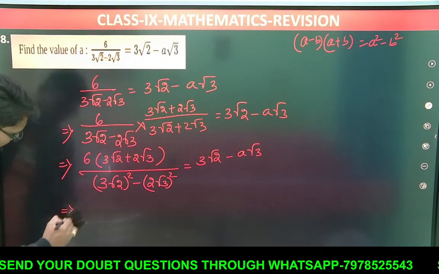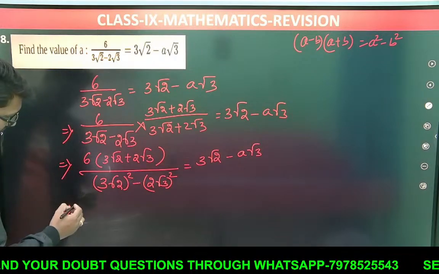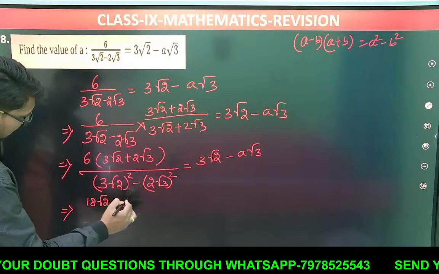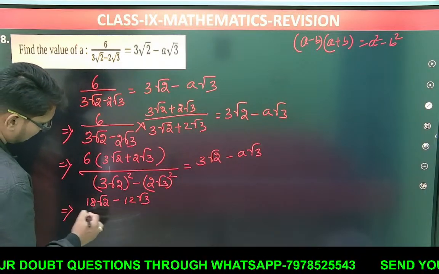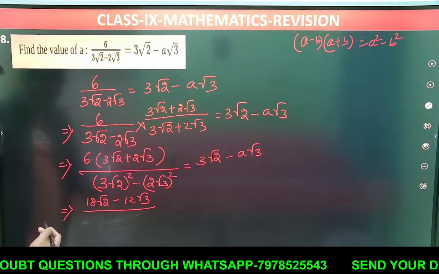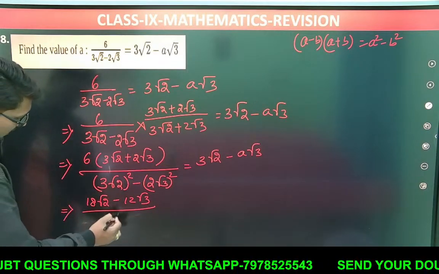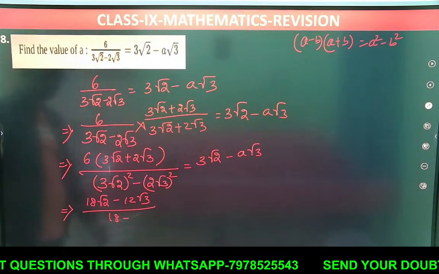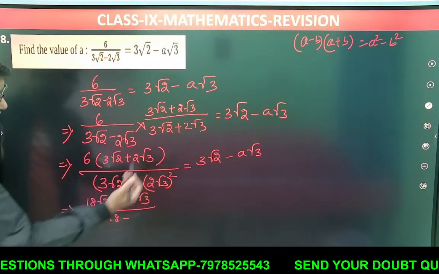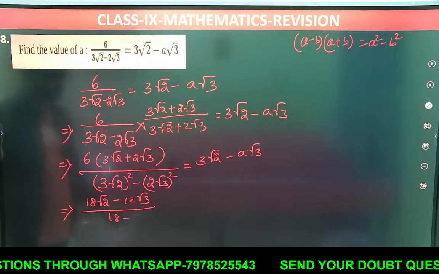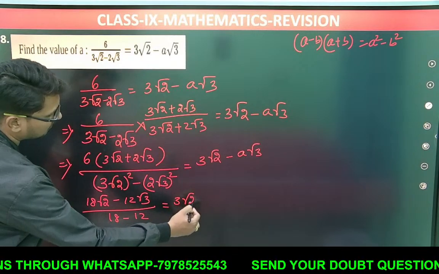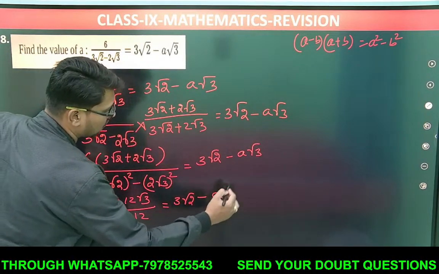So that is 18 root 2 minus 12 root 3 by 3 square and root 2 square. 3 square is 9, root 2 square is 2, 9 twos are 18. Minus, 2 square is 4, root 3 square is 3, 4 threes are 12, equal to 3 root 2 minus a root 3.